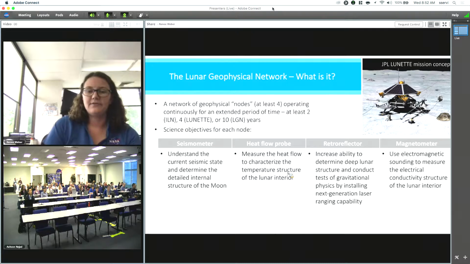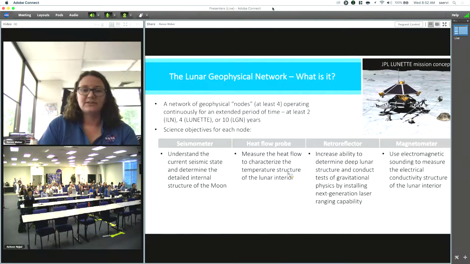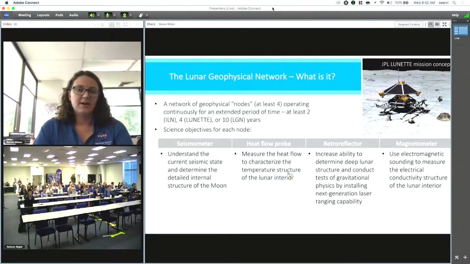I've highlighted a few different studies and proposals, past and future, that advocate for different numbers of stations and different lengths of time. Looking back to the International Lunar Network, that was about 2 years. The Net baseline is 4 years. And you may have heard of durations as long as 10 years being suggested for future lunar geophysical networks.